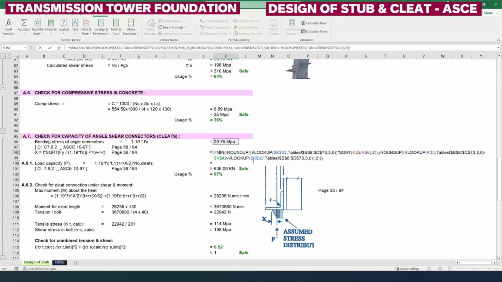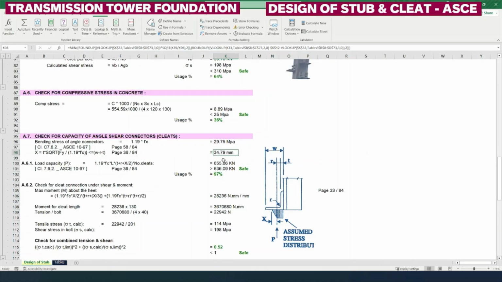By applying this, we are getting the x value as 34.79.